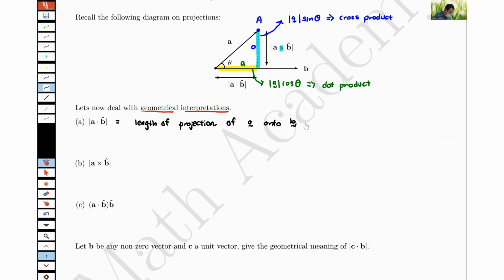We need to note that when you describe, it must always be onto the unit vector. If your unit vector given in the problem is with B, it will be A onto B. If the unit vector is A, it will be vice versa, B onto A. Okay, so check the unit vector position.